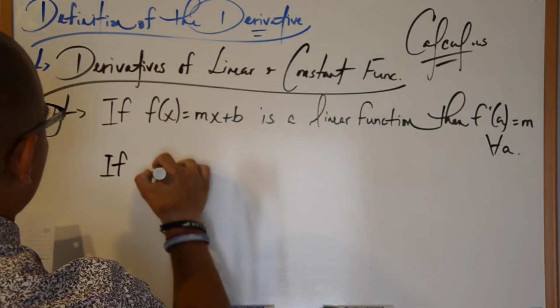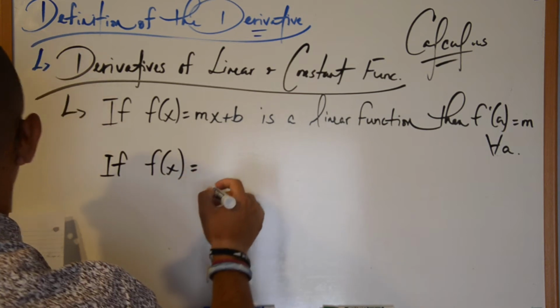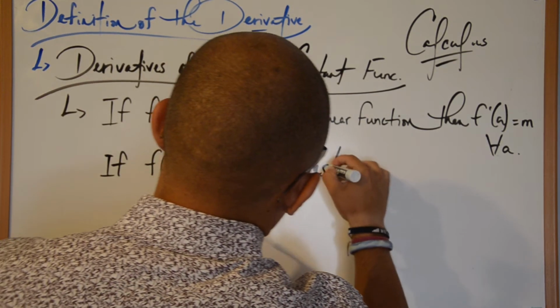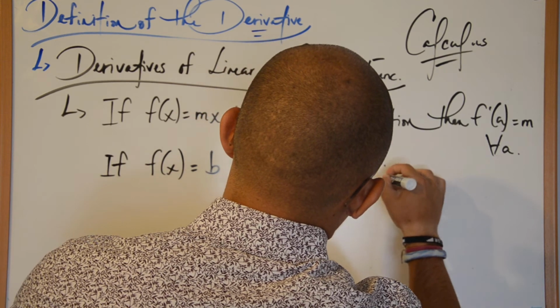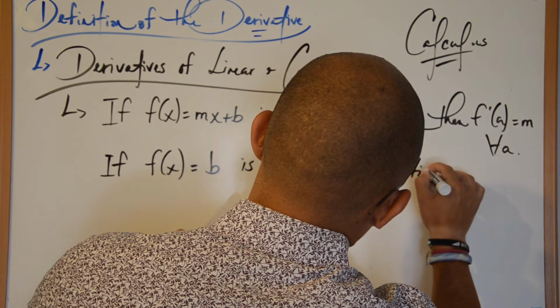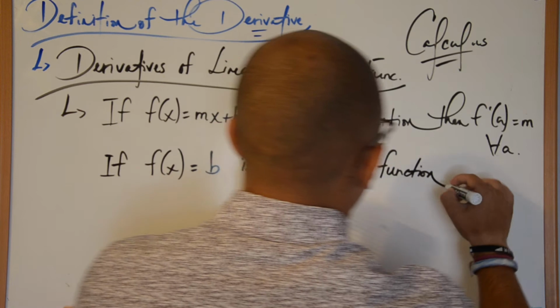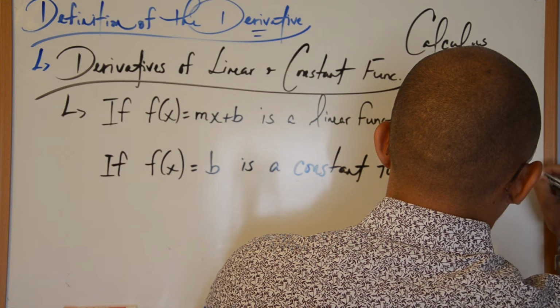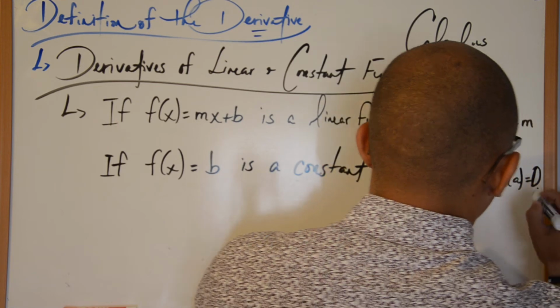And if f of x is equal to b, a constant function, then f prime of a is equal to 0 for all a.